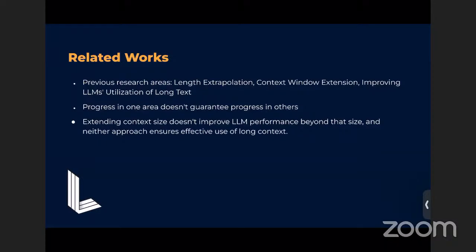So let me start with the first one, length extrapolation. So the goal is to train them on shorter text, but still have them understand longer ones.